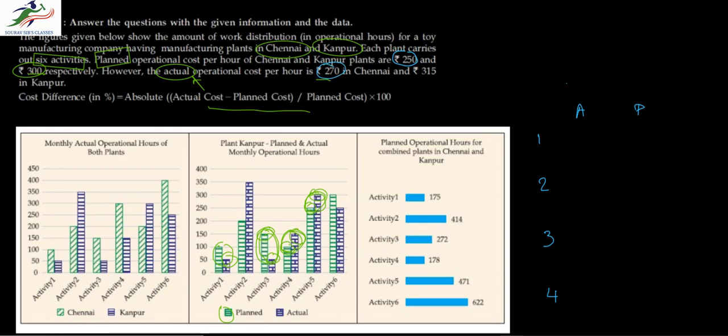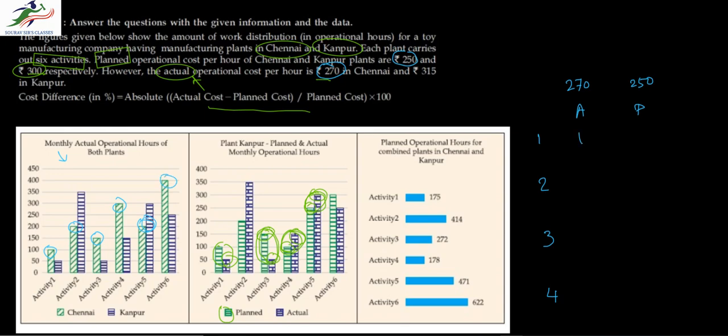So actual is 270, planned is 250, and the actual hours for Chennai is given in the first graph, which is very clearly visible. So 100, 200, 150, 300, 200, and 400 other values. So list them down.